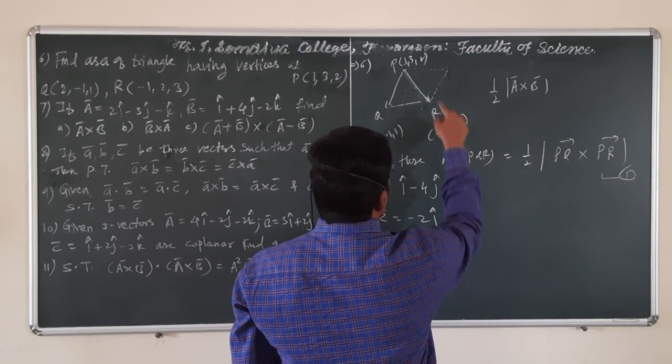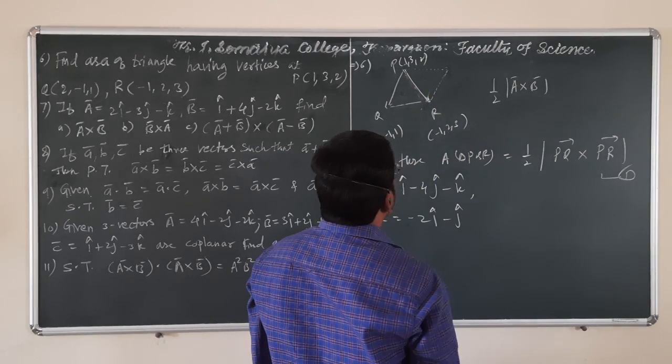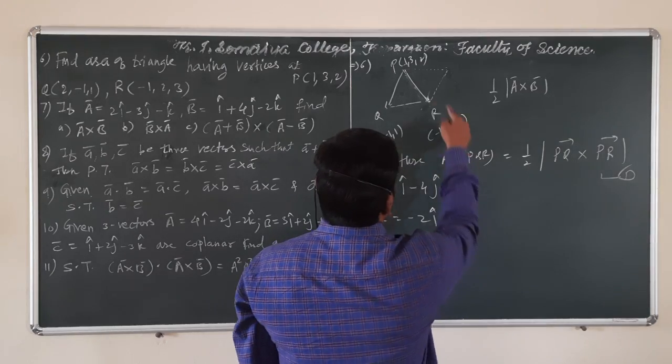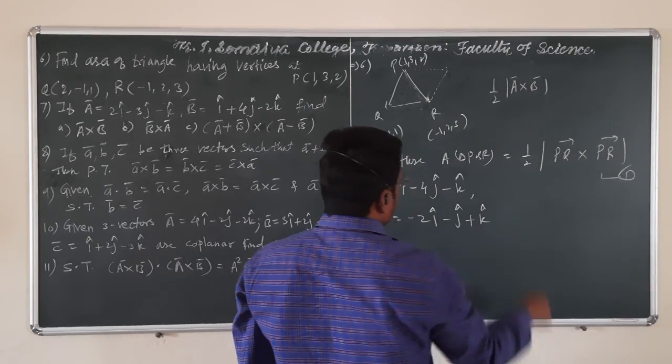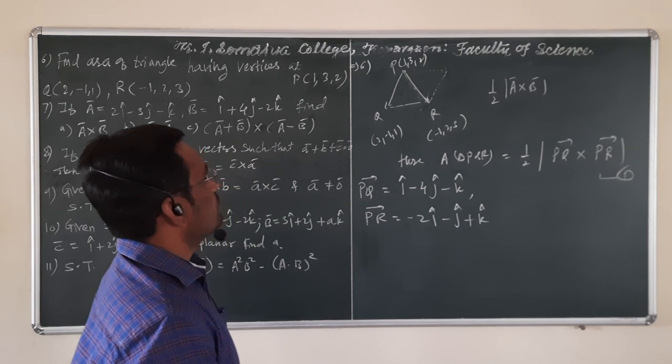Okay, so 2 minus 3, -1 j cap, and 3 minus 2 which is +1 k cap.